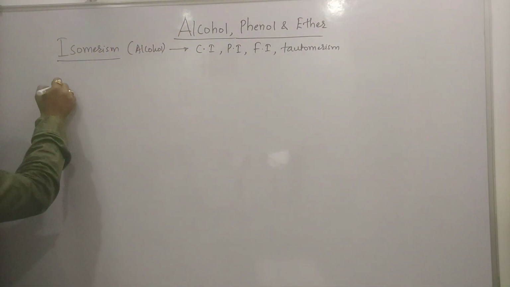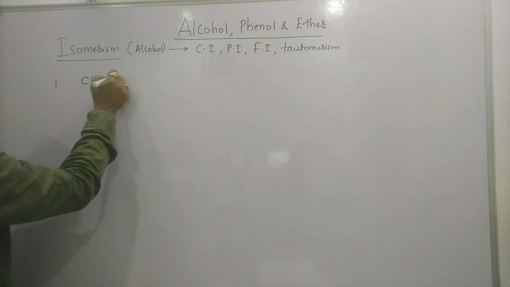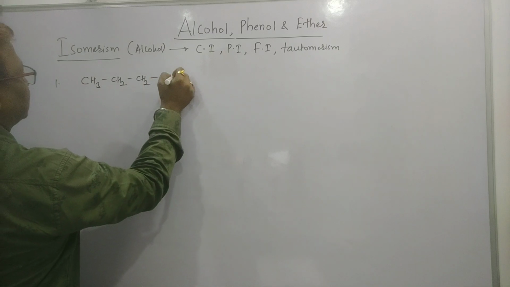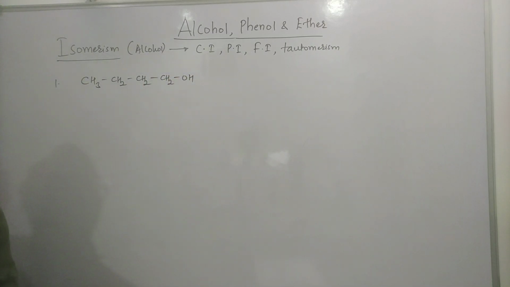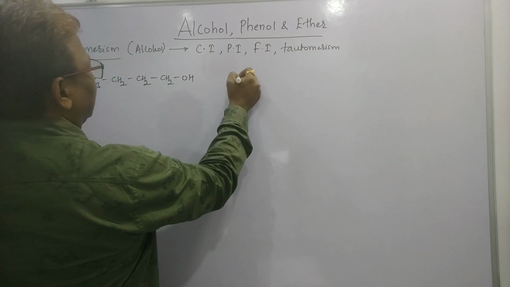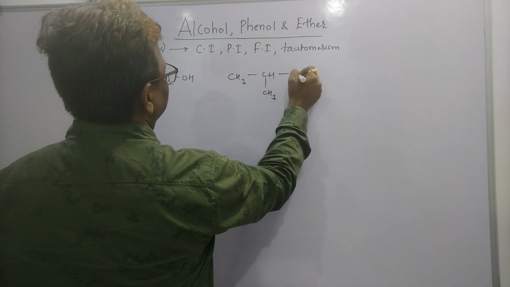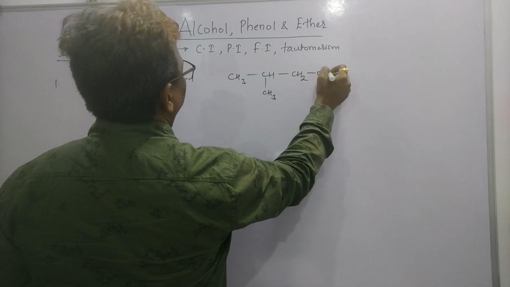See, one example I want to show you. Here CH3, then CH2, then CH2, and CH2OH. One more example I want to write here: CH3, CH, CH3, CH2OH.